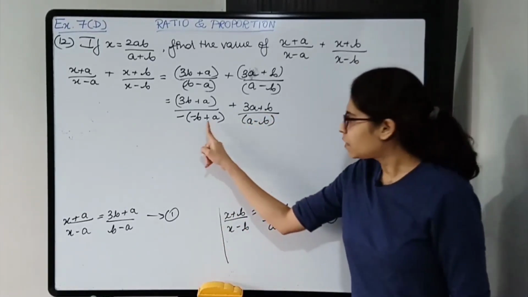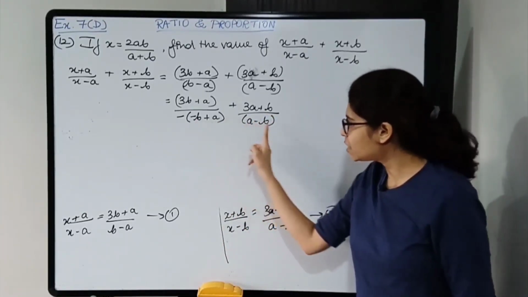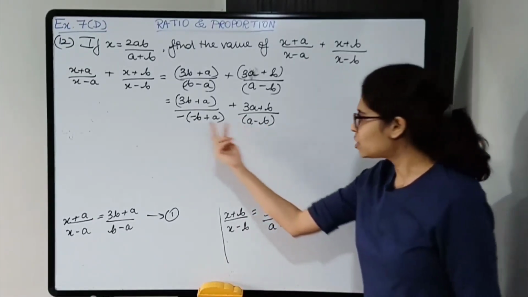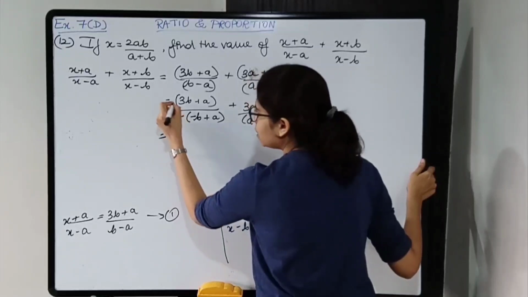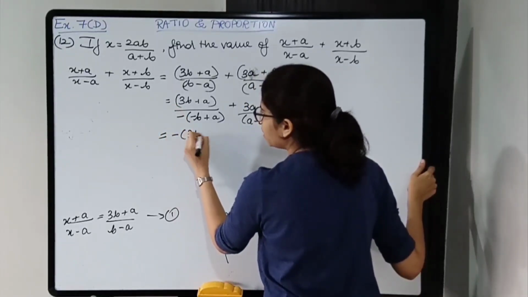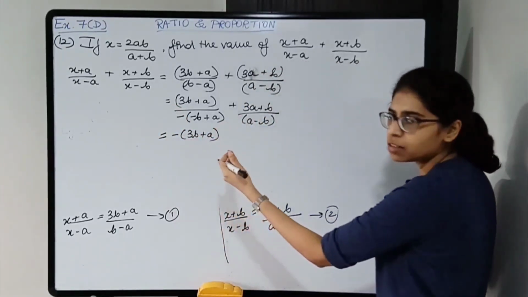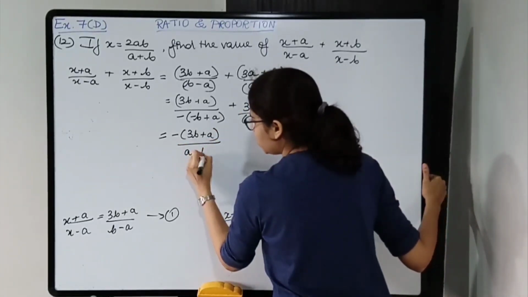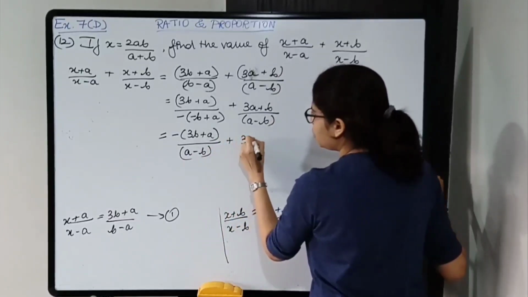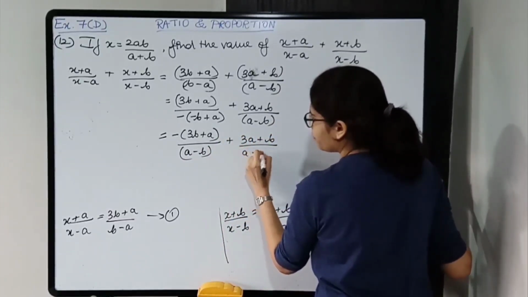So now I have a positive, b negative, b negative. I just need to rearrange the terms, so I'll write it as a minus b, and this minus sign we'll take in the numerator. We never keep a negative sign in the denominator, we always take it in the numerator. So a minus b plus 3a plus b upon a minus b.